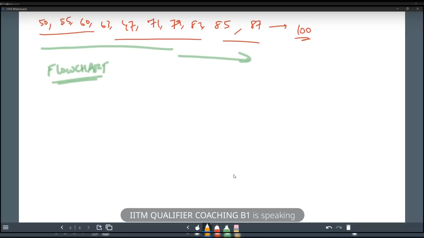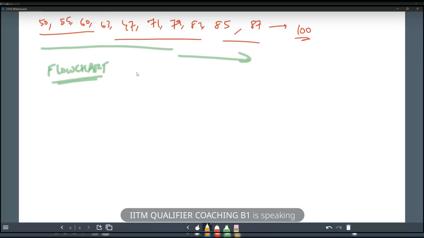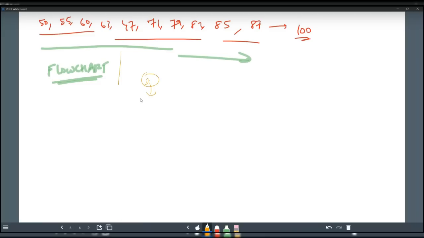Flowchart again. We took the scores data set, and as in the case of an algorithm, we begin counting the cards. We pick up the pile of cards and represent the same in the flowchart as well. We start the flowchart with start, and now pick up the pile of cards.